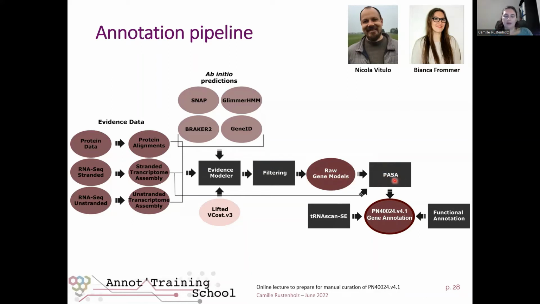They used the software PASA to annotate the UTRs and the alternative splicing, so the isoforms. They also used software to annotate the transfer RNAs, and we also performed functional annotation, and this at the end gave the PN40024 v4.1 gene annotation. So this is how the whole thing works basically.